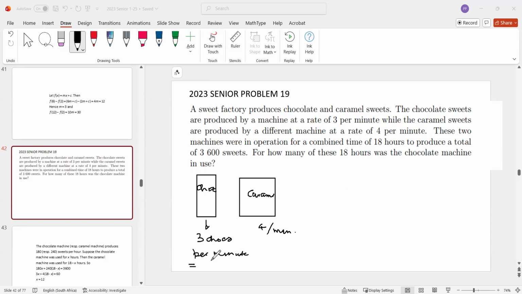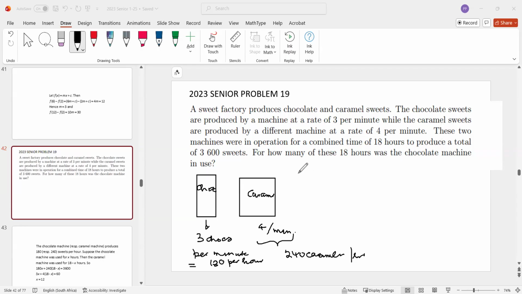So in 1 hour, it's 180 per hour. In 1 minute, it produces 3 chocolates. So it's 60 minutes in an hour. So 60 times 3. And here, this thing is 240 caramels per hour. Okay, so in 1 hour, this produces 180, and this thing produces 240.